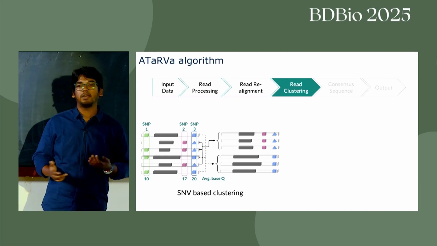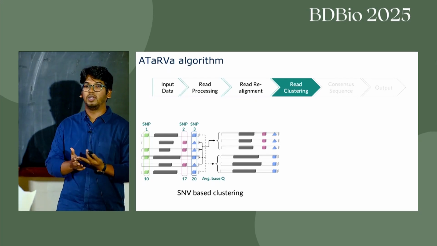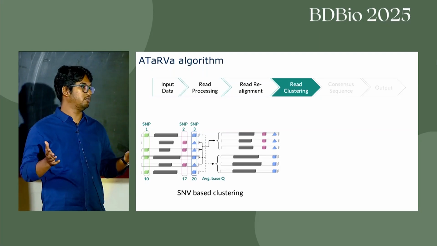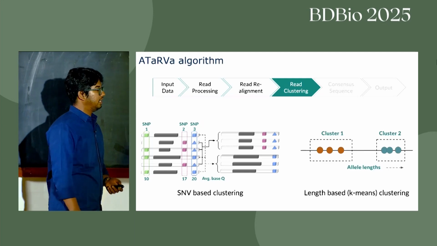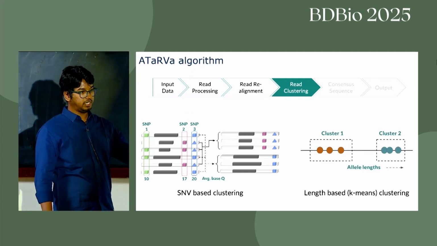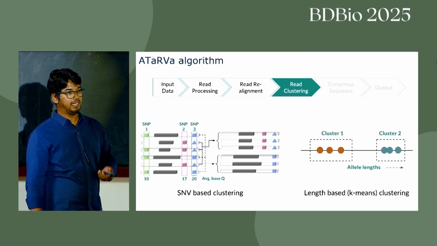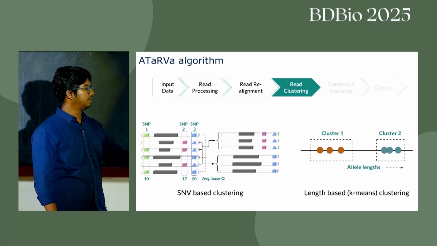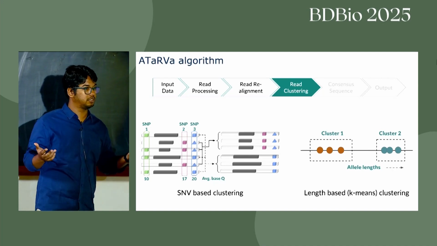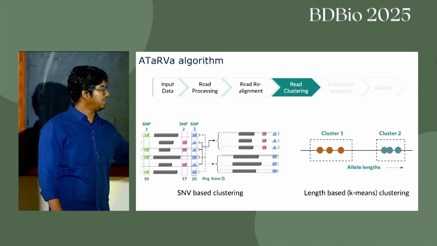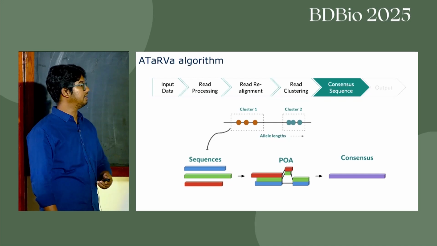Now, this is not applicable to all the locations in the genome, because you will have regions of the genome where there is no heterozygous SNP present in the vicinity. In those cases, we use k-means clustering. We basically take allele lengths and with a k of 2, we ask it to make 2 clusters. We take each of these clusters to derive the consensus sequence.